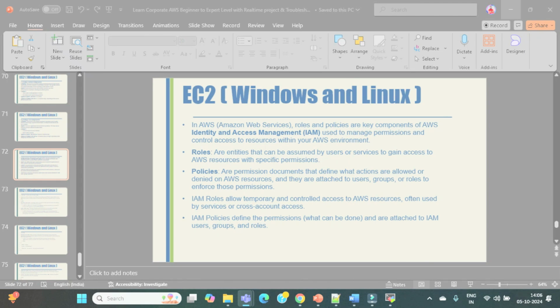What do you mean by IAM? In AWS, Amazon Web Services, roles and policies are the key components of our identity and access management. Identity means what? I am an identity. Abhishek Roshan is an identity. But who is going to prove that Abhishek Roshan is an identity?